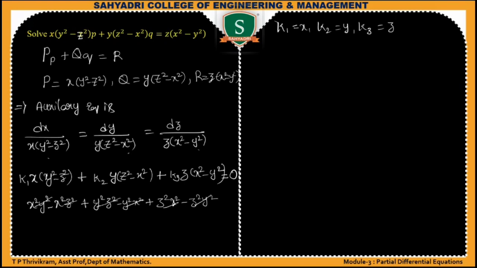This is one function. Similarly, find one more. Now I need to find k1 dash, k2 dash, and k3 dash.